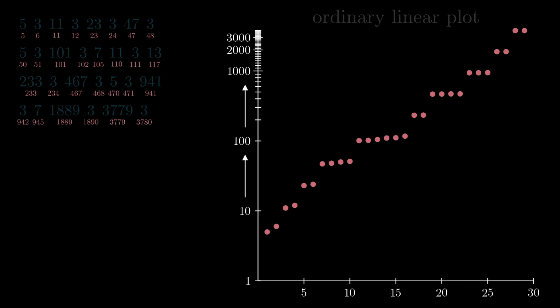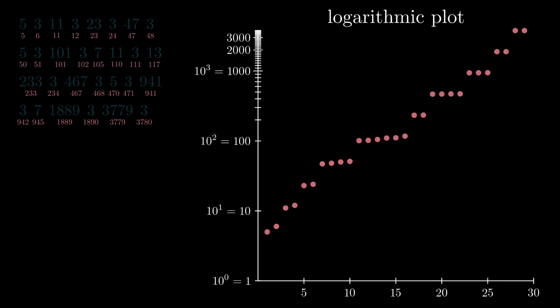This is called a logarithmic scale, so the plot becomes a logarithmic plot. It's called logarithmic because now it's the logarithms of 1, 10, 100, and so on that form a linear sequence. This is true for any choice of the base of the logarithm, but for example, the base 10 logarithms are 0, 1, 2, and so on. Logarithmic scales are used in some settings you're already familiar with.